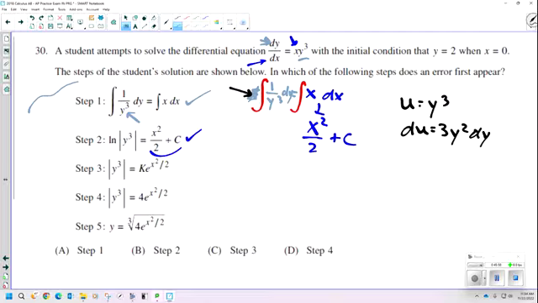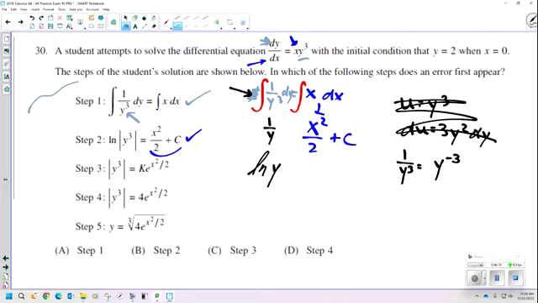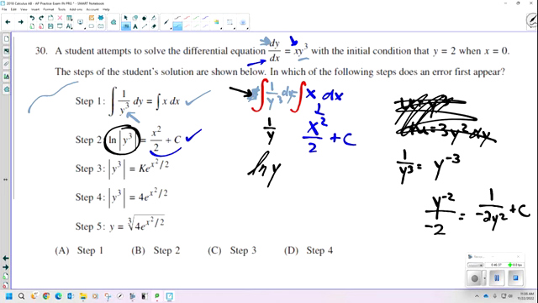I can't even do this. 1 over y, the integration, would be the ln of y. Okay? In fact, I'm not even going to do this. I'm just going to change 1 over y cubed to y to the negative 3. So when I integrate that, it's y to the negative 2 over negative 2, which would ultimately be 1 over negative 2y squared plus c. It is not this. Okay, it is not that. Right? Not at all.